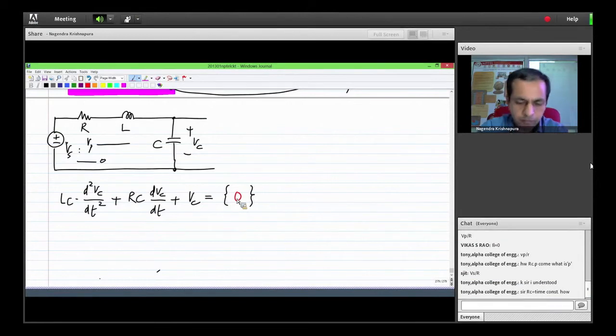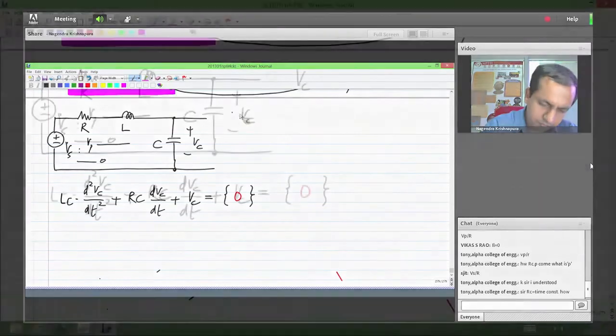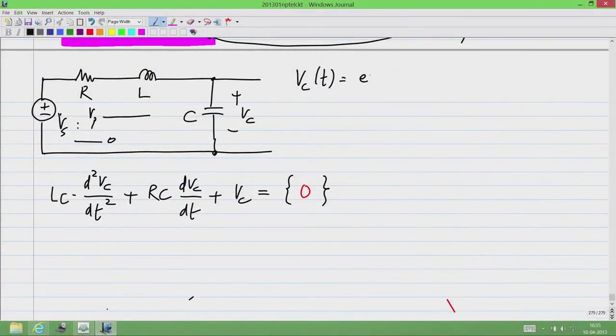Okay. So, again in this case also exponential will satisfy it. So, I will assume that Vc of t is exponential pt. Okay. So, please substitute this here and find the characteristic equation.